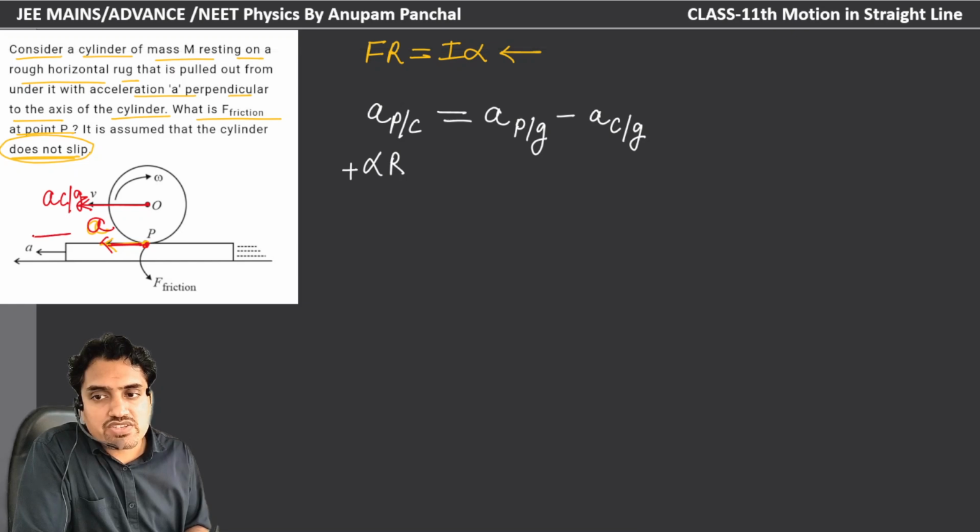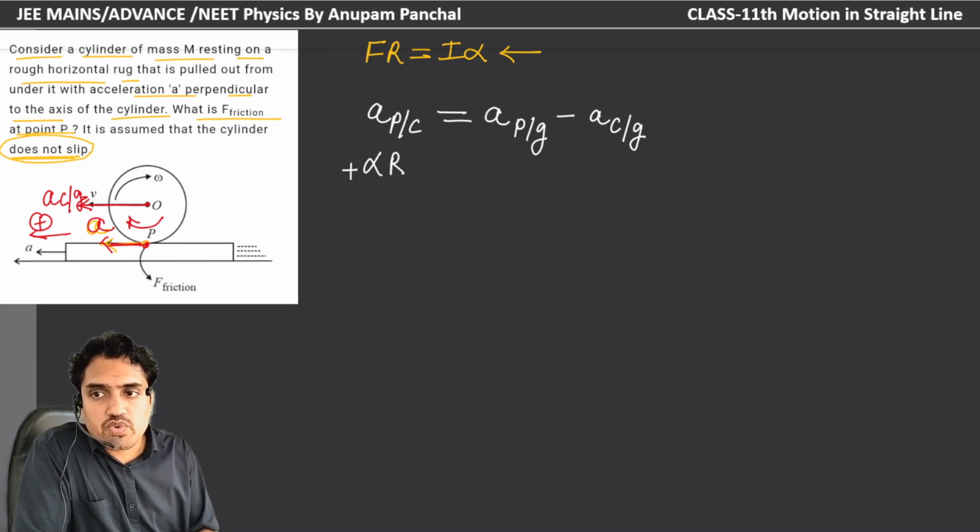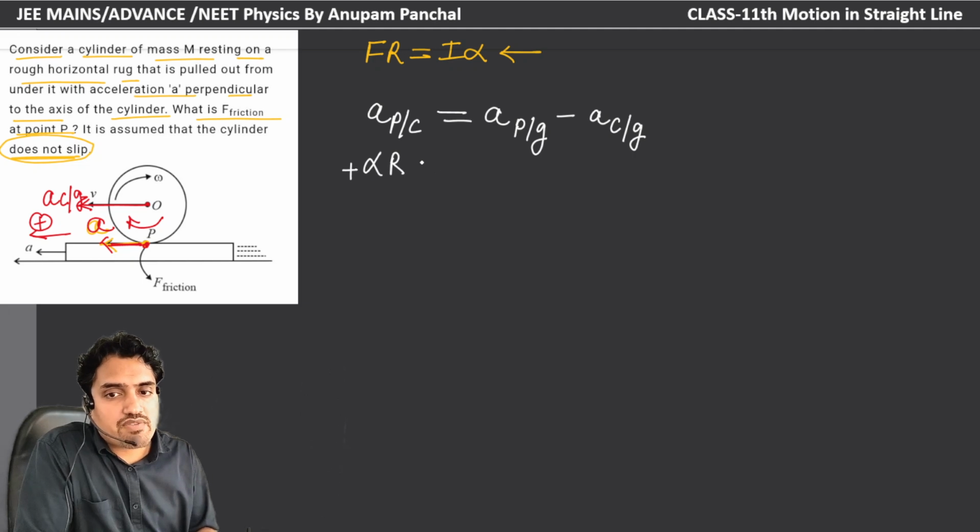This alpha will have clockwise direction, and this alpha will produce the acceleration with respect to the center of mass in the clockwise direction, in the positive direction itself. So this alpha into r is positive.